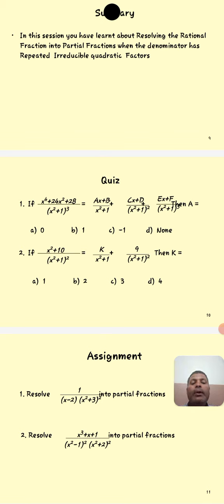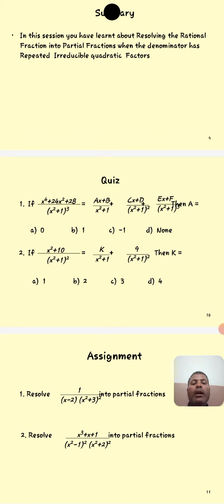Take the LCM part and cancel the denominator values and simplify the equations, and also use the same comparing the coefficients. It is a very lengthy procedure comparing the coefficients. Comparing the coefficient of x power 4, x cube, x square, x, and constant terms.